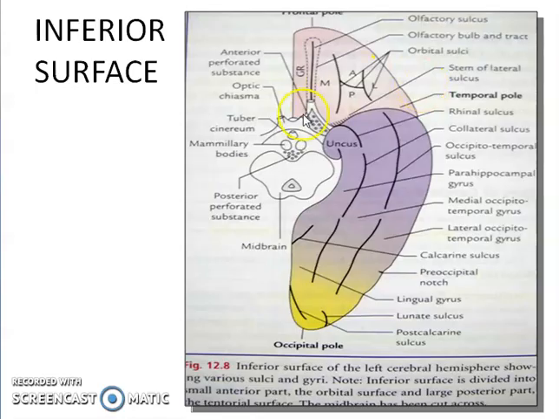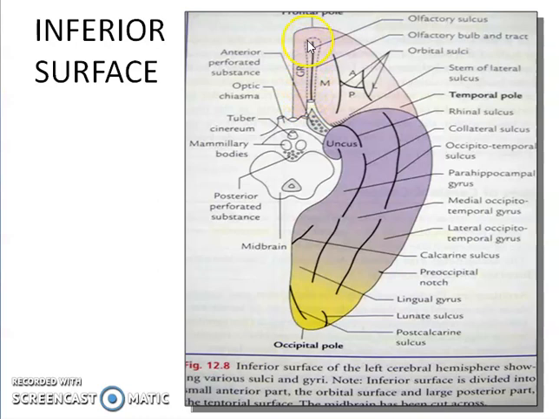Now let's study the sulci and gyri on the inferior surface of the cerebral hemisphere. In the orbital part of the inferior surface, there are the olfactory sulcus and the orbital sulcus. The olfactory sulcus is a straight sulcus which runs anteroposteriorly close to the medial border of the orbital surface, and there lies the olfactory bulb and olfactory tract in relation to it.